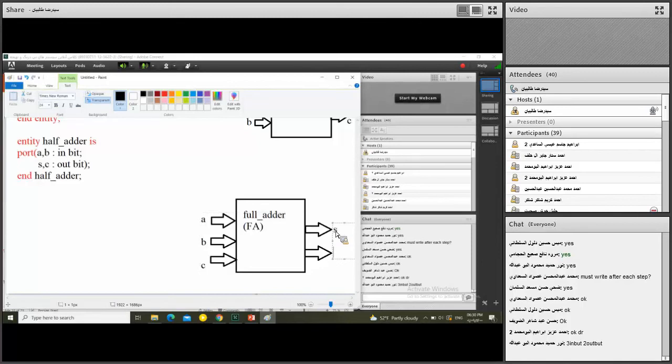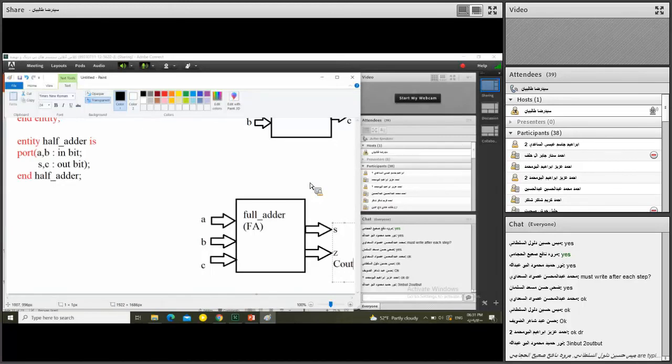We can call this C out or CO, and I consider Z for simplicity. Z is output carry, or C out. It means output carry. Do you understand?